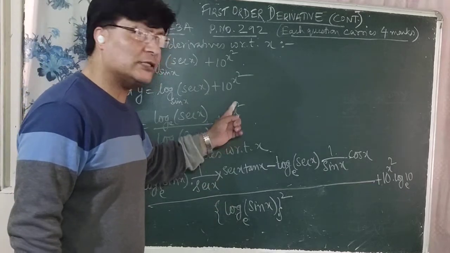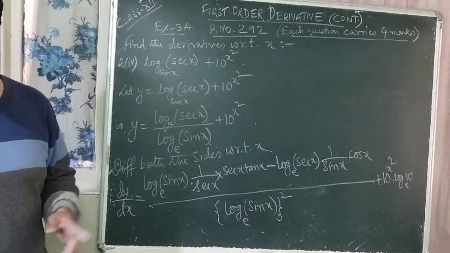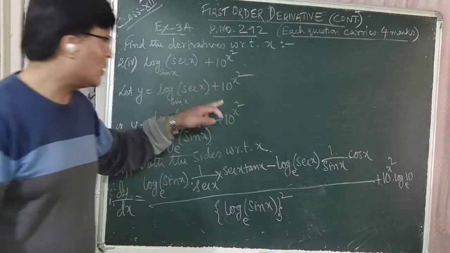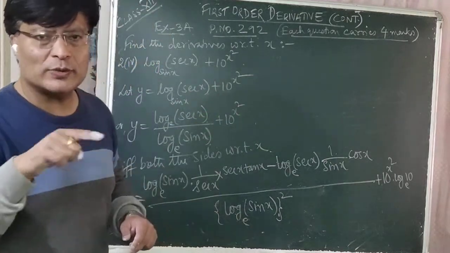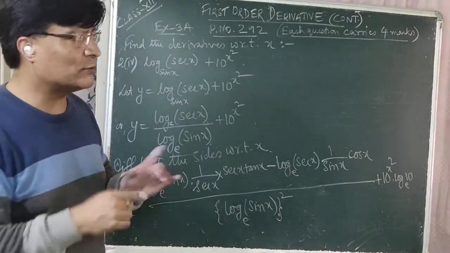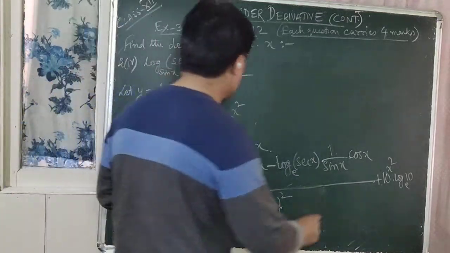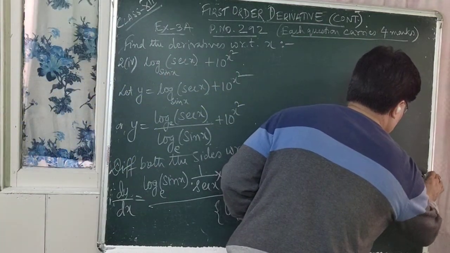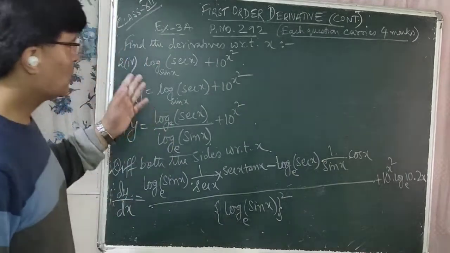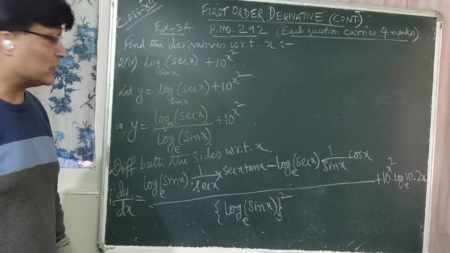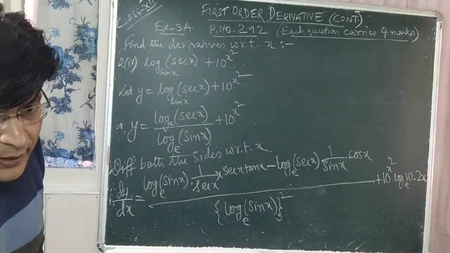In this case x square was assumed as x. What is the differentiation of x square? It is 2x to the power 1, that means you have to decrease the power by 1. So it is into 2x. Is that clear? So that is the differentiation of the second term, 10 to the power x square.